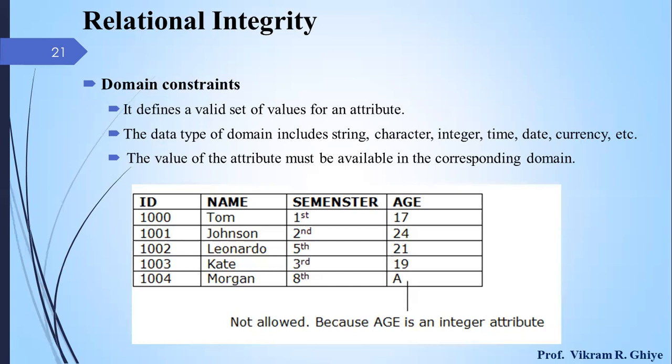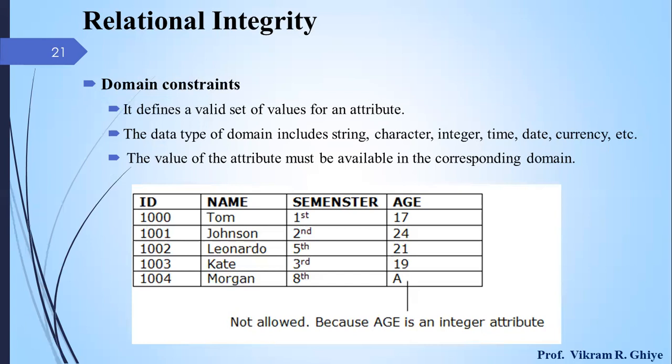For example, a particular table may have certain attributes. One example is given here: a table having the attributes ID, name, semester, and age. Consider ID number 1000, with the name Tom.